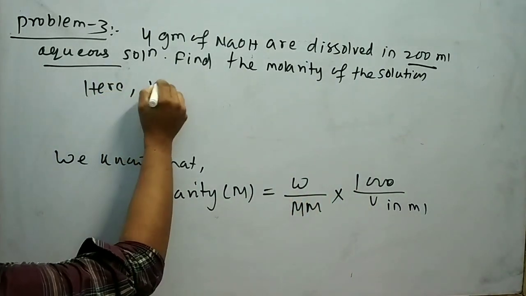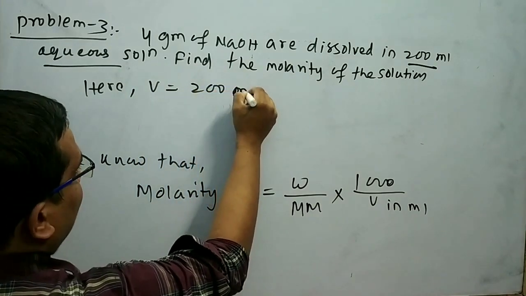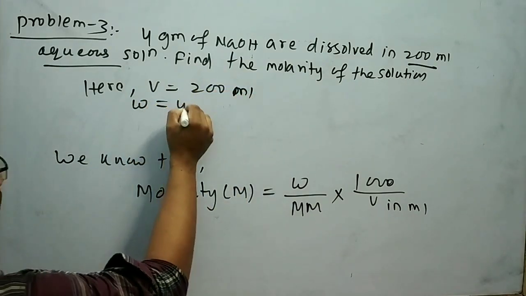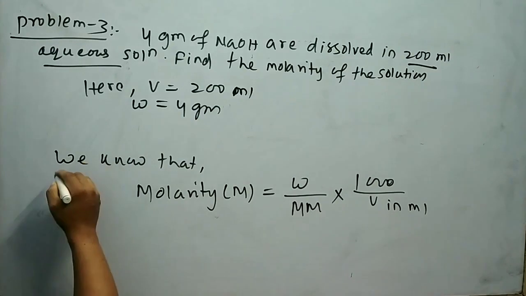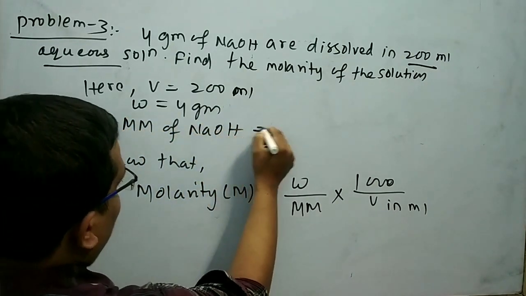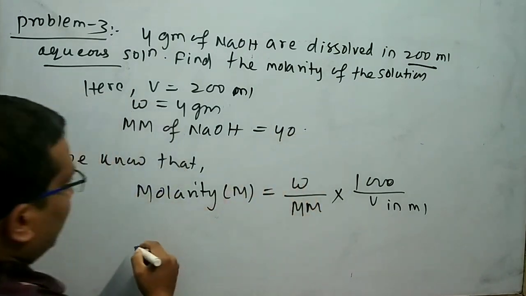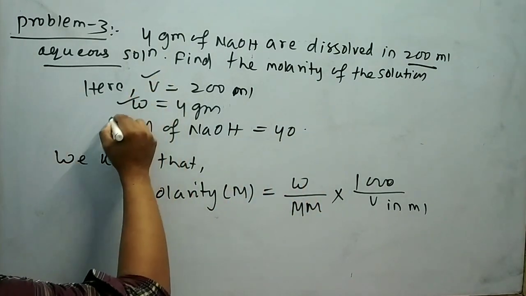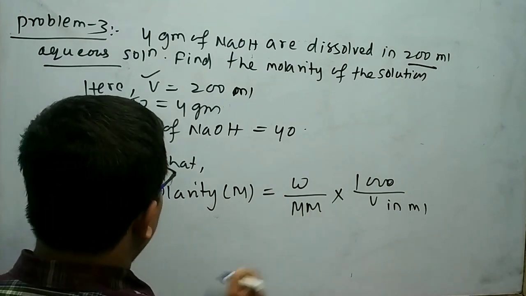Here V equals 200 ml, W is equal to 4 gram. Molecular mass of sodium hydroxide is 40. Now put the values of V, W, molecular mass in this equation.